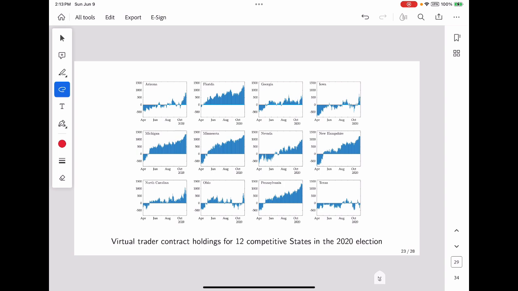There are other states where the market and model don't seem to disagree much, so there isn't a whole lot of trading, or at least the positions fluctuate and do not depart very substantially from 0. You can see that in Arizona, Iowa, North Carolina, and Ohio. And then you see Texas, where for the most part, you're betting that the Democrat will lose. And that's your position also at the end of the day, on the eve of the election.